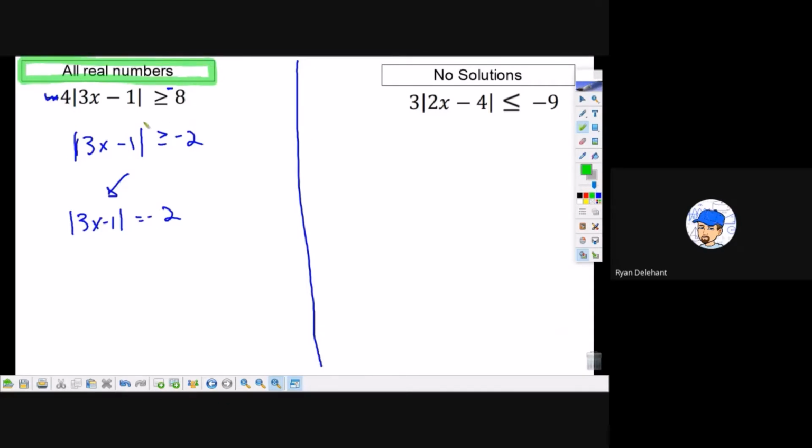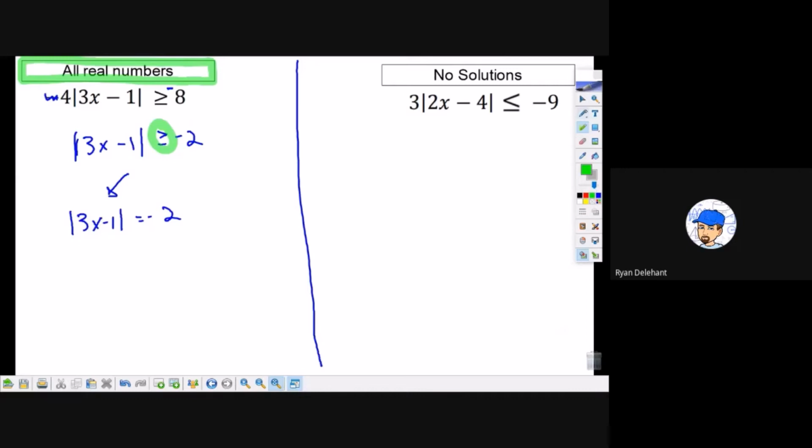And it comes down to interpreting this symbol. Because when you have an inequality, when you get one that gives you a negative on the outside, you're going to have to look at it and think your way through it real fast. The reason this is all real numbers is what it's stating is it doesn't matter what x you put in here, you're always going to get a number that's bigger than -2, because that's what this says: this absolute value is greater than -2.